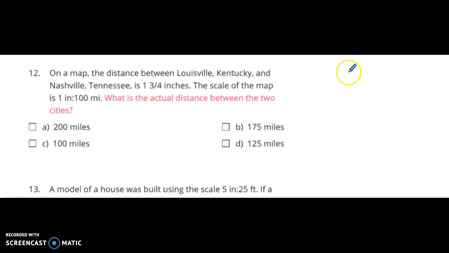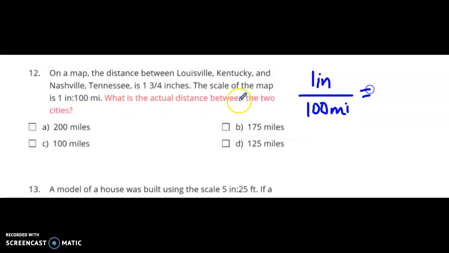On a map, the distance between Louisville, Kentucky and Nashville, Tennessee is 1 3/4 of an inch. The scale of the map is 1 inch for every 100 miles. So 1 inch for every 100 miles is our scale. What is the actual distance between the two cities?